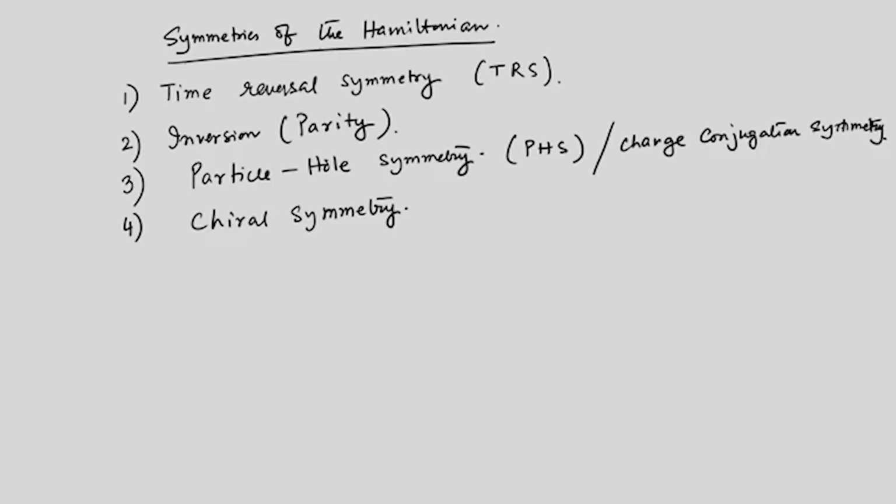So if the direction of motion of a particle being expressed by the Hamiltonian changes sign, what happens to the Hamiltonian? Does the Hamiltonian remain the same, and so on?